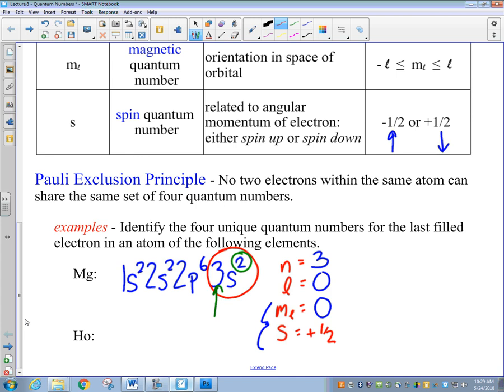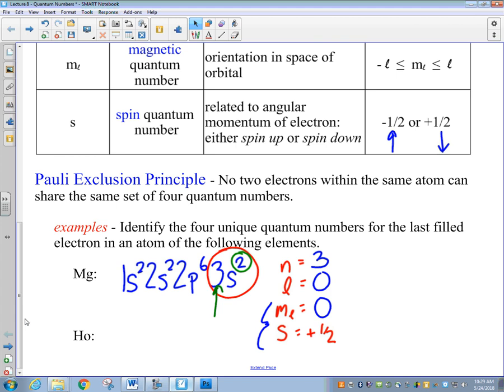So we've got our four quantum numbers for this 3s2 electron within the magnesium atom: 3 for the principal quantum number, 0 indicating an s orbital, 0 for the orientation in space, and positive 1/2 for spin down.